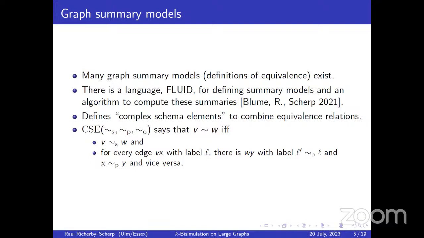Furthermore, they've got to look the same locally, but they've also got to have the same sorts of connections to the rest of the graph, right? So if I'm going to be equivalent to you, not only do we have to be equivalent locally, but also for every connection that I've got to somebody else, you must have an equivalent connection to an equivalent other person. Okay? And equivalent connection is defined in terms of this predicate equivalence, and equivalent person is defined under this object.